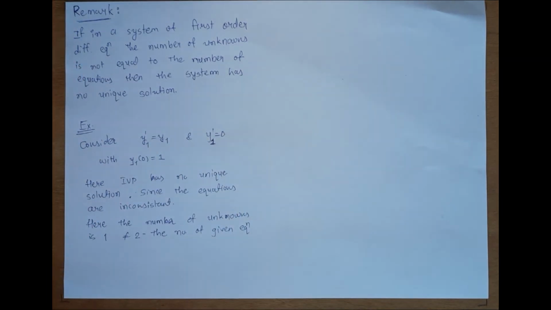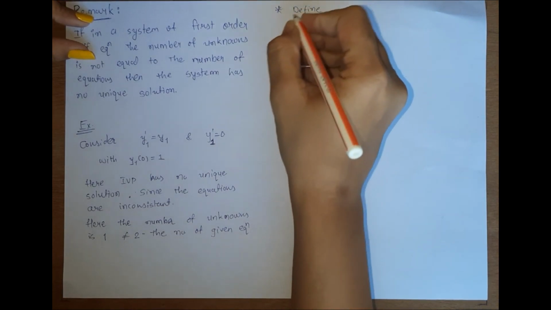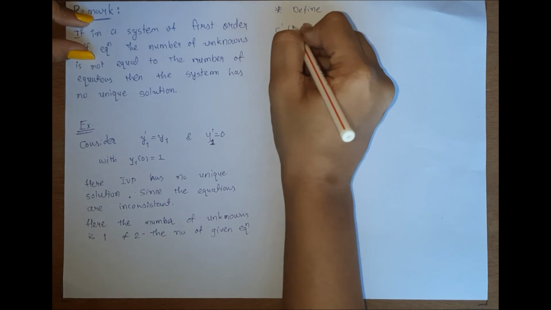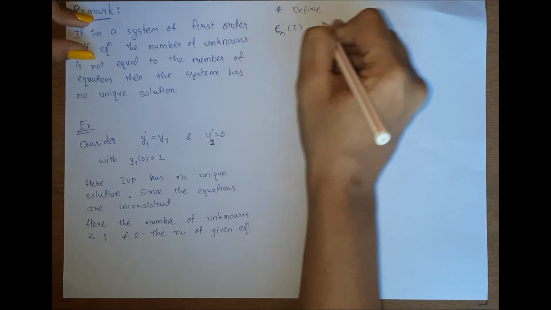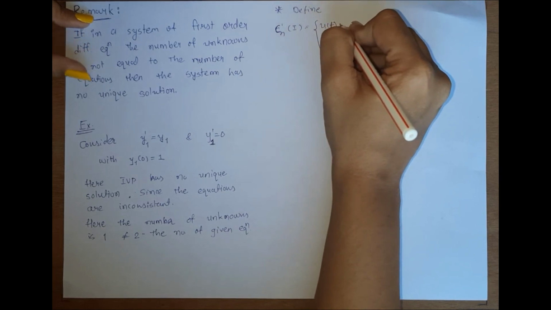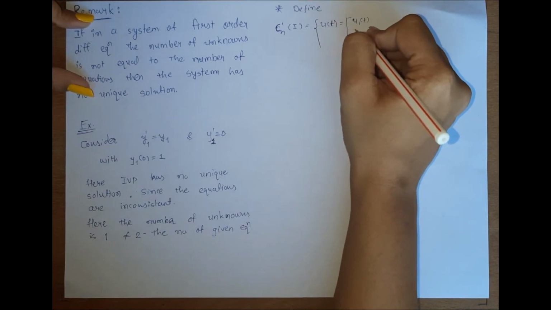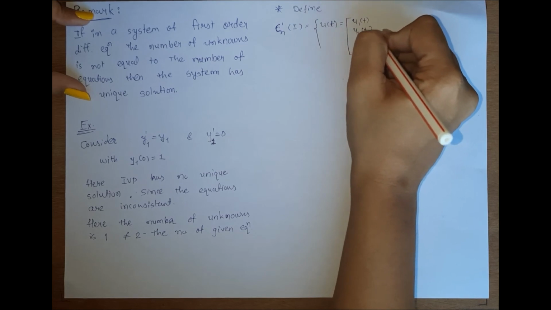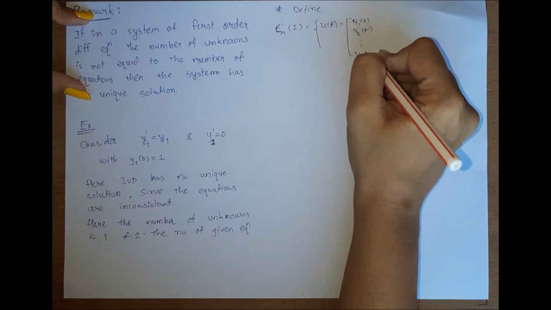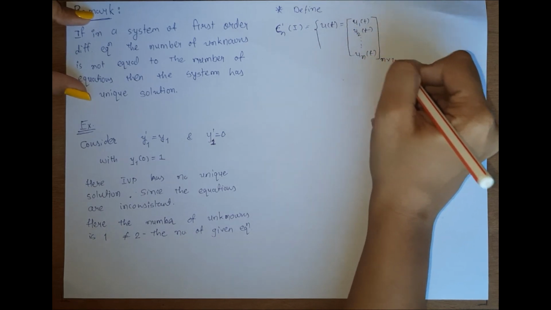Therefore this initial value problem has no unique solution. Now define the set Cn dash over I is equal to u of t, where u of t is denoted as u1 of t, u2 of t up to un of t, which is an n cross 1 matrix.